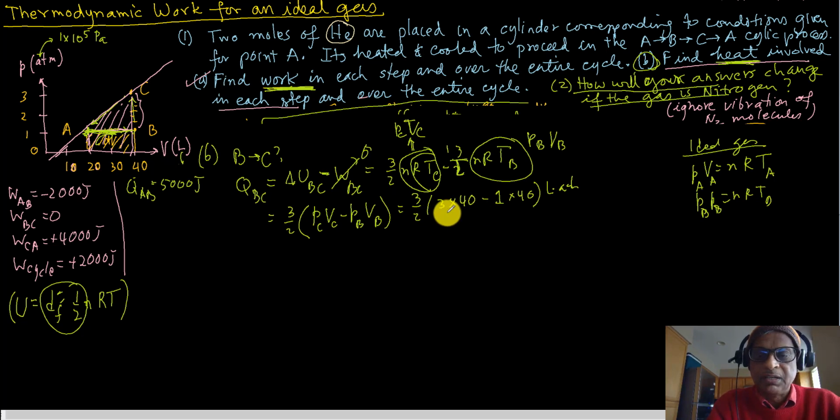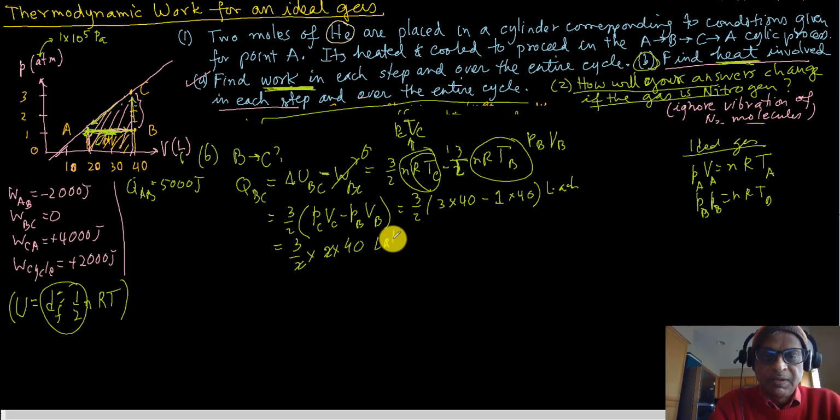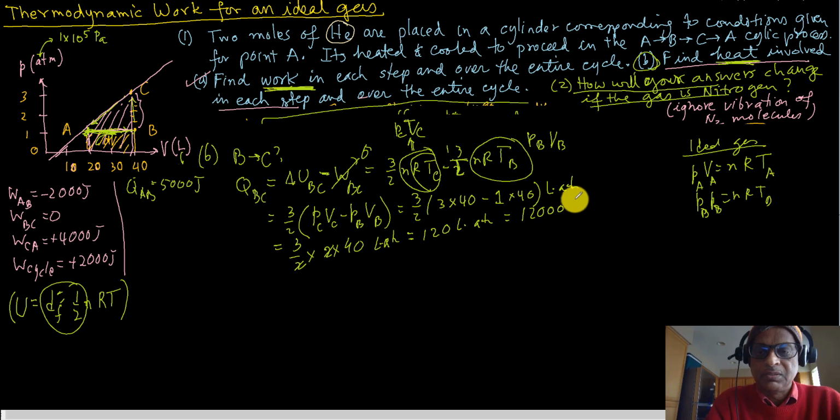So this is equal to 3 over 2 times 2 times 40 liter atmosphere, and that's 120 liter atmosphere, and that's going to be 12,000 joules. Actually, a whole bunch of heat went in.